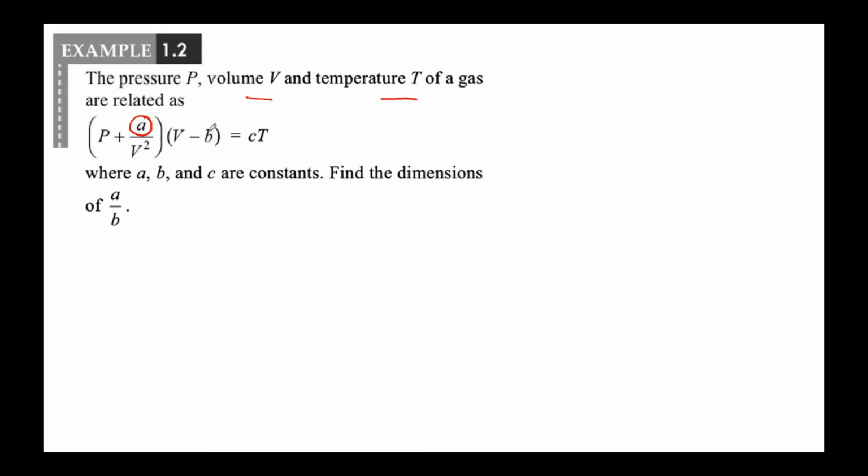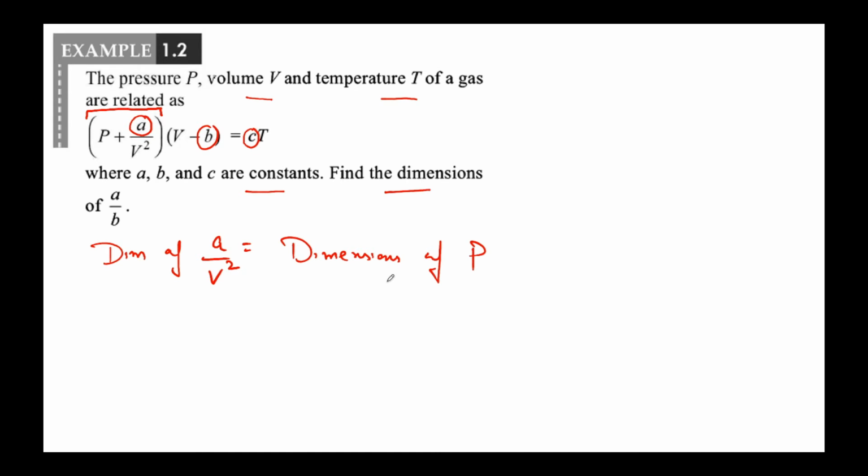So this is small a, small b and small c. They are constants. From the above equation, we have to find the dimensions of constant a over constant b. Now using the principle of homogeneity, we know that the dimensions of a over v square should be equal to the dimensions of P, because this is the sum of these two terms, so their dimensions should be identical.